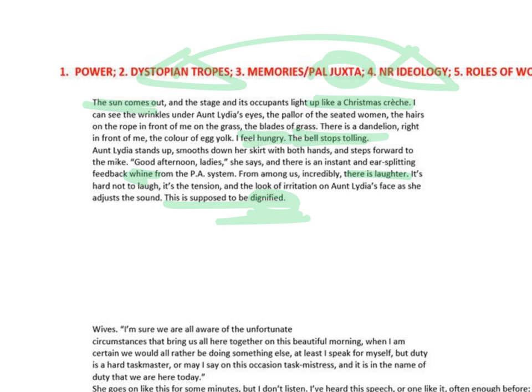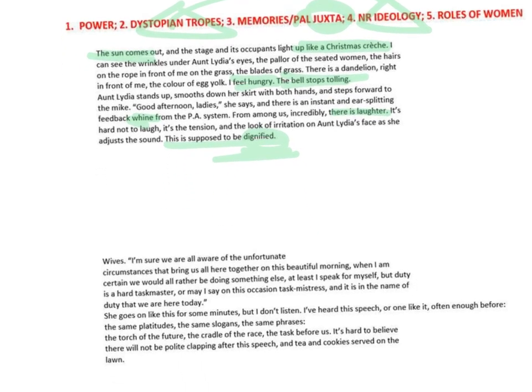So yeah, massively important quote. The Pavlovian stuff, the control of the handmaids, how anti-Christian this is, how this makes a complete hypocrisy of the Gilead regime, and that adjective dignified, super important there.